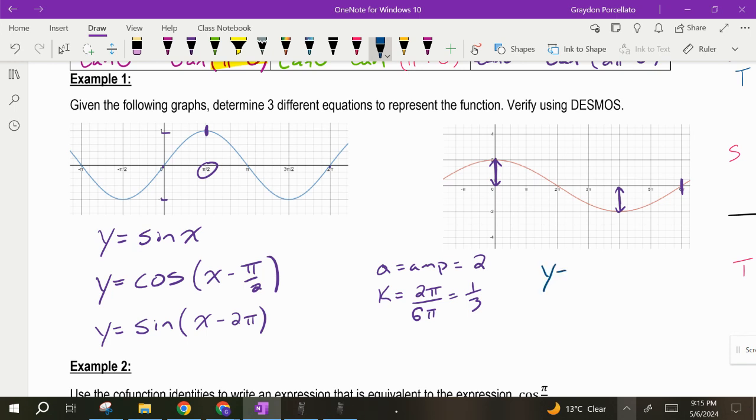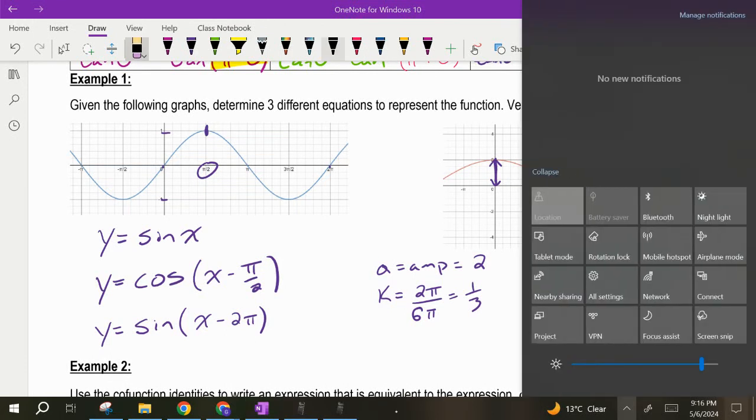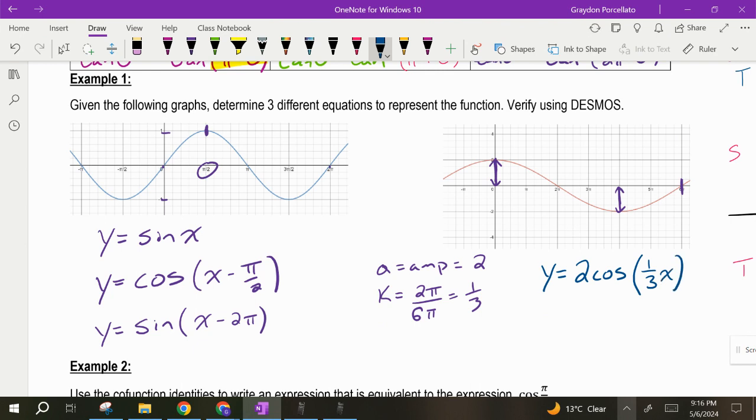We know that the cos function starts at a maximum. So I'm going to write y equals 2 cos of 1 over 3x. Cosine function with my values included there.